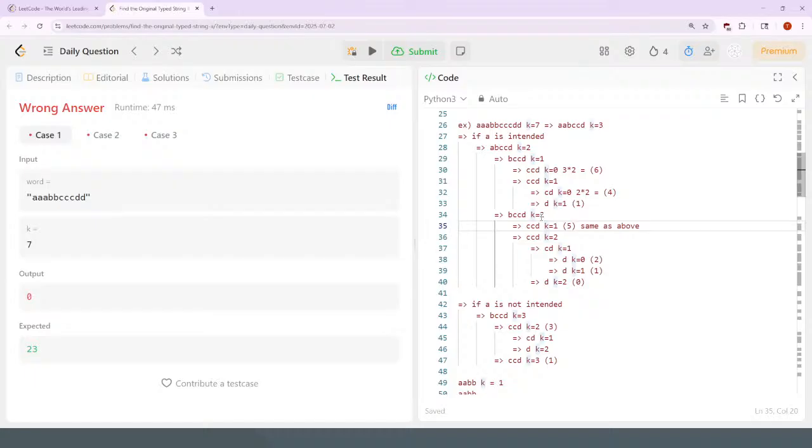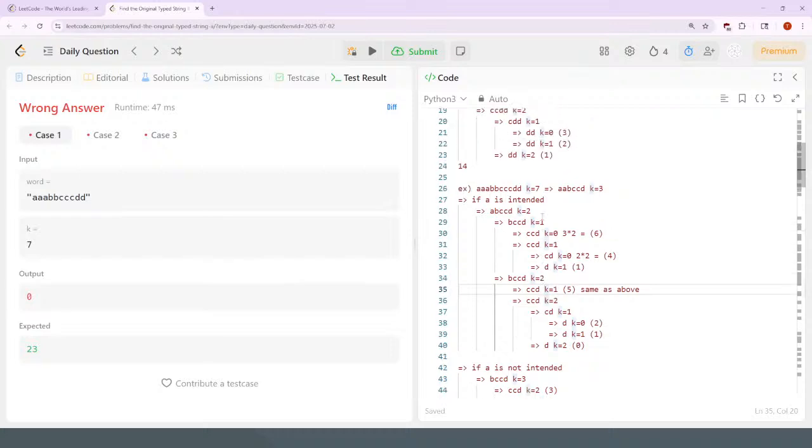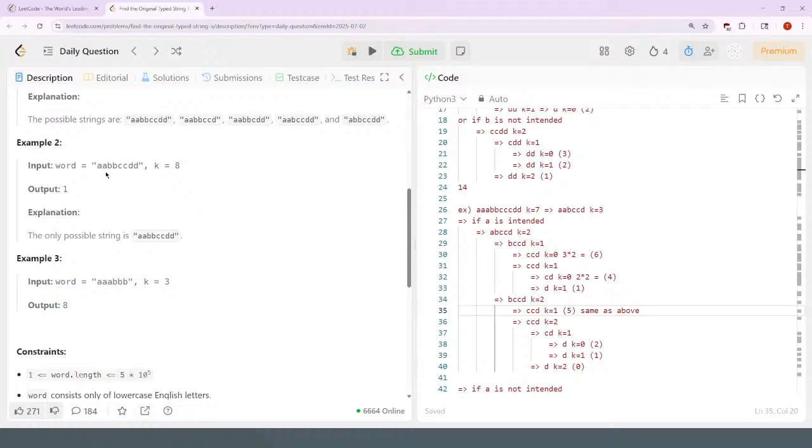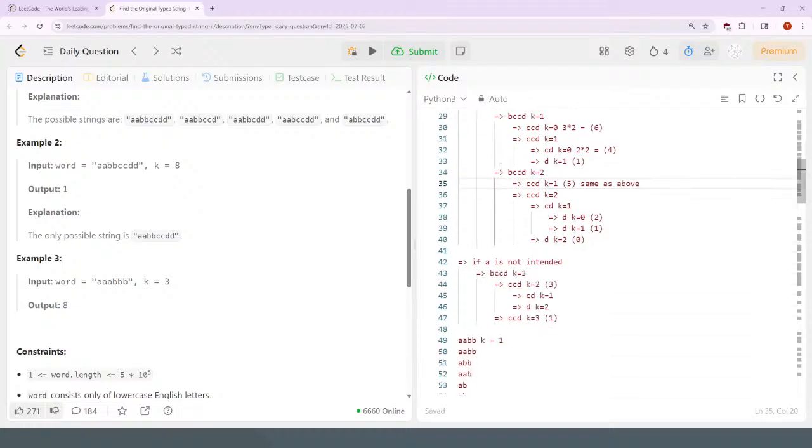The question is, can I convert this to some sort of algorithm that also is going to run within quick speed? It does look like, it feels like a DP problem, a dynamic programming deal.